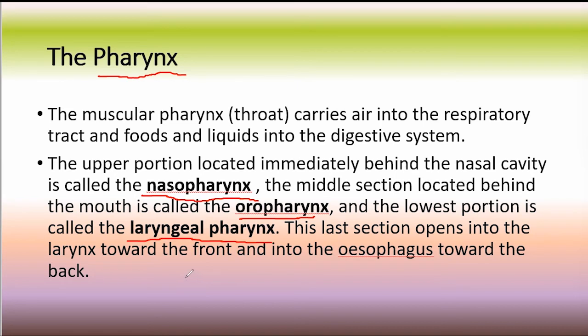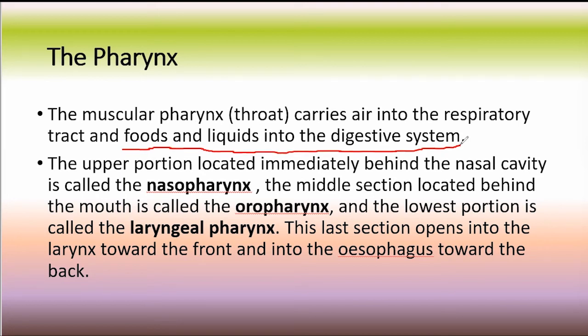So basically the pharynx is nothing special, but the important part is passing the air and passing the food. And it can specially separate the route, sending air to the respiratory system and sending food to the digestive system. So that's like a larynx part.